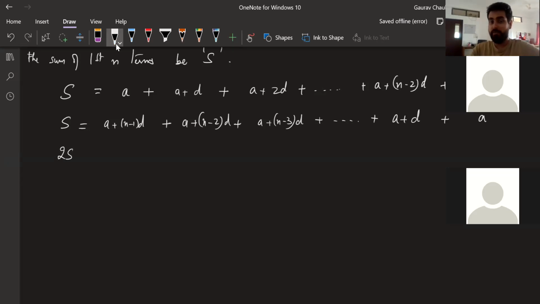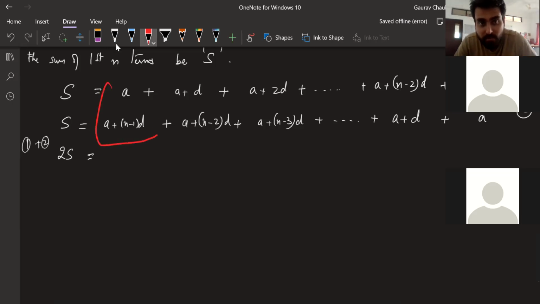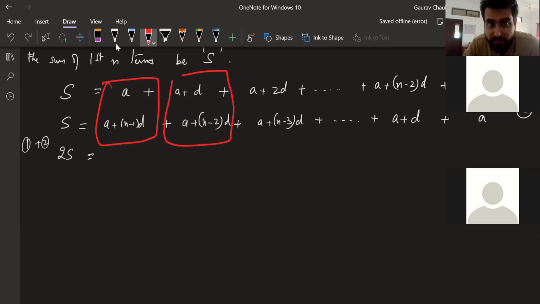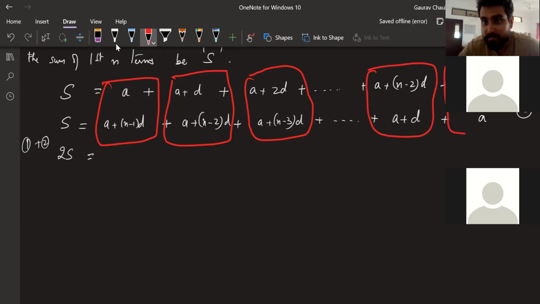Now I'm going to use the same process which Gauss used. I'm going to add these two equations, equation 1 plus equation 2. Important to note, I'm going to add the first term with the last term, last second term with first second term, third term with last third term, and so on till I reach last term plus first term.